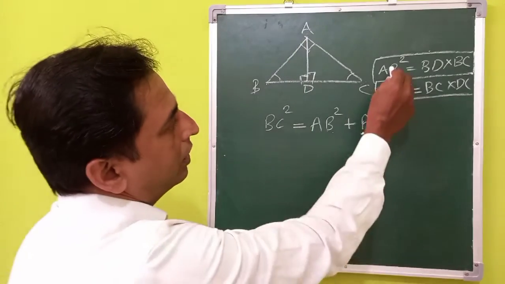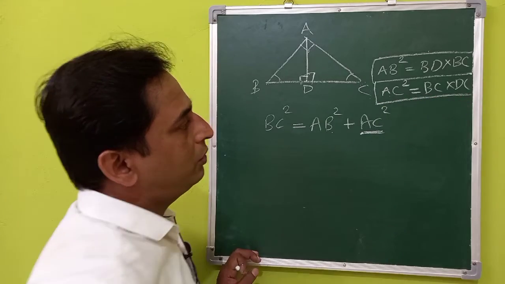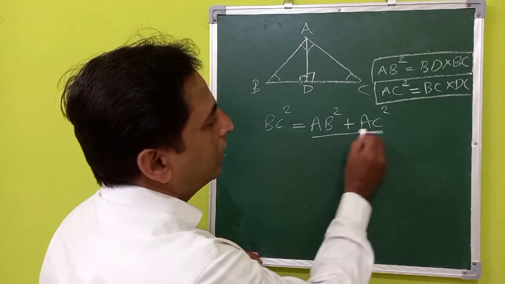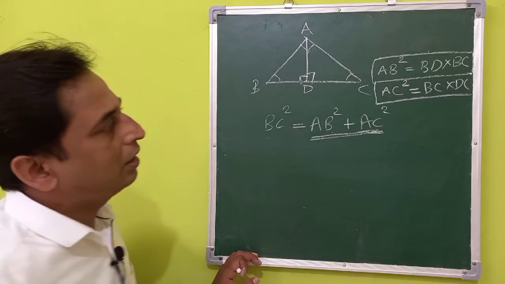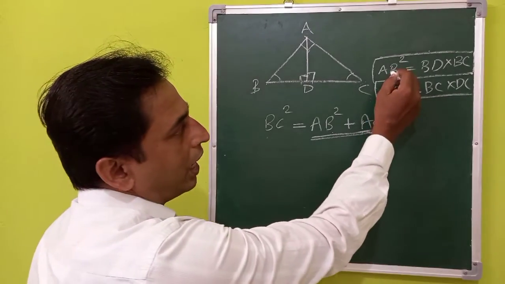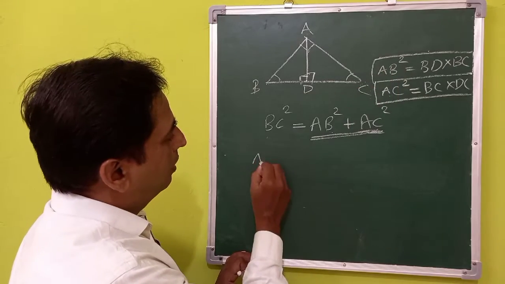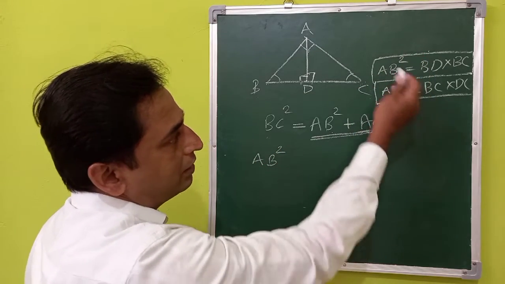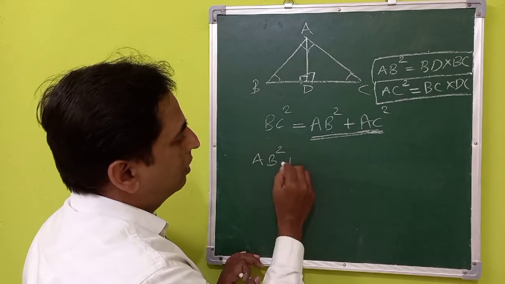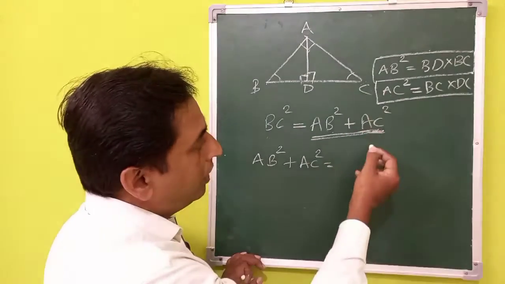Now we have got AB square is equal to BD into BC, and AC square is equal to BC into DC. What we are trying to prove is AB square plus AC square is equal to BC square. So let us see how we can get it. We will add these two equations. We add the left hand sides, AB square plus AC square, and then obviously the right hand sides can be added.